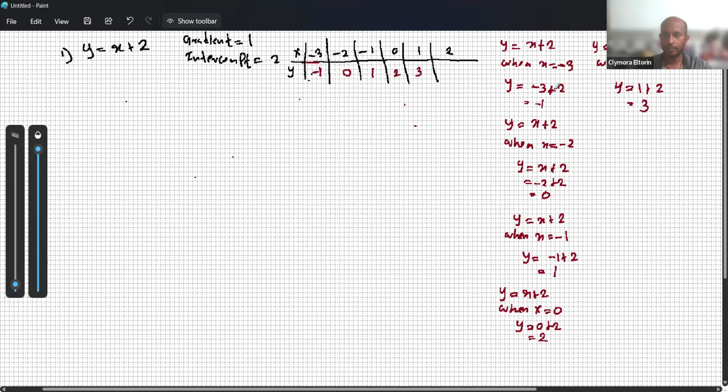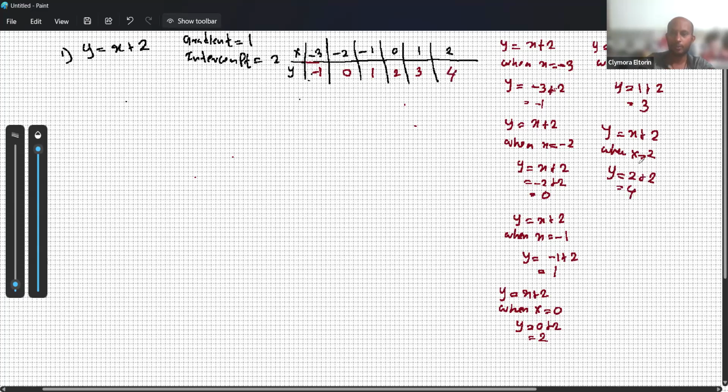Here 3. We need x equals 2, not 3. So y equals 2 plus 2, it's 4.